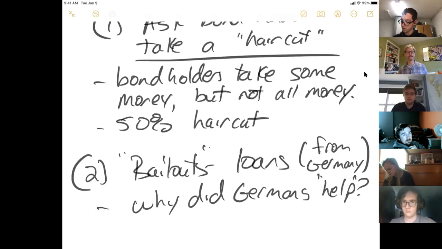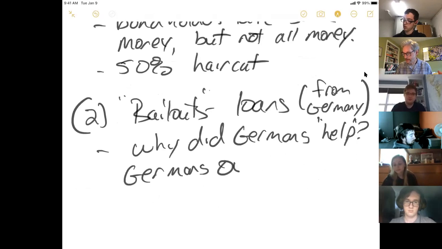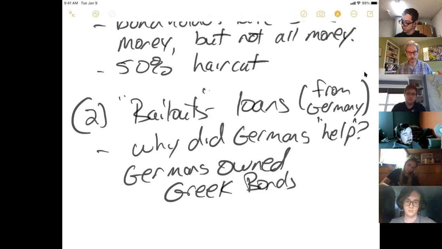We're so kind. Bullshit, right? Why did the Germans help? Well, as Germans that owned a bunch of these Greek bonds, particularly German banks, Germany was worried about its own banking crisis.